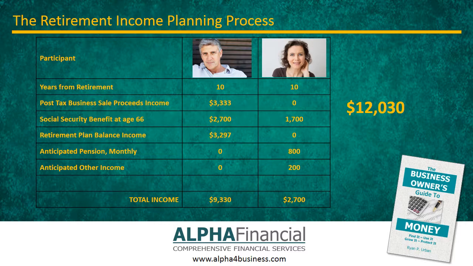So beginning at age 66, based on what we're doing right now, they would be looking at a total income of about $12,000. There are a couple of caveats here. Number one, when we do the income planning process, we also include the effects of inflation. And number two, there will be increases in both Social Security and the retirement nest egg income to try to keep up with inflation after they begin taking their retirement income.